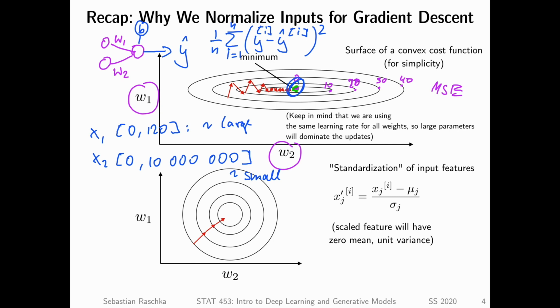That means a small change in x1, a change of 10 years, has a larger influence than a change of $10 in x2. So the weights reflect that: one has a naturally larger weight, and the other a smaller weight.